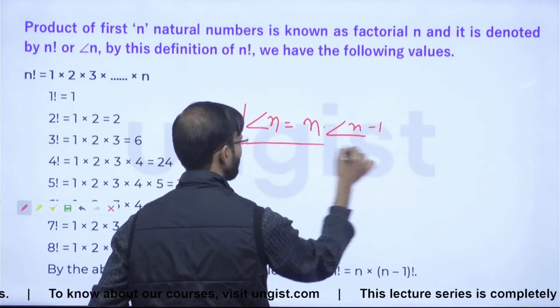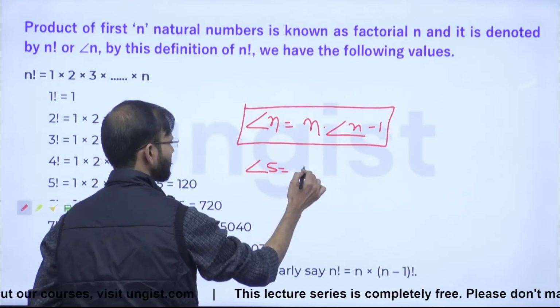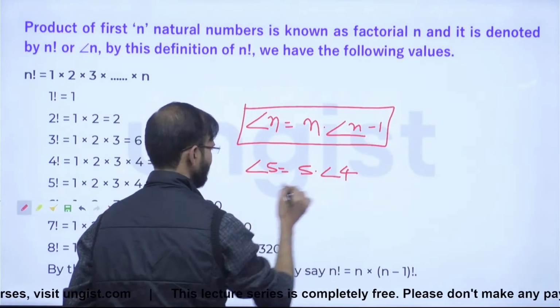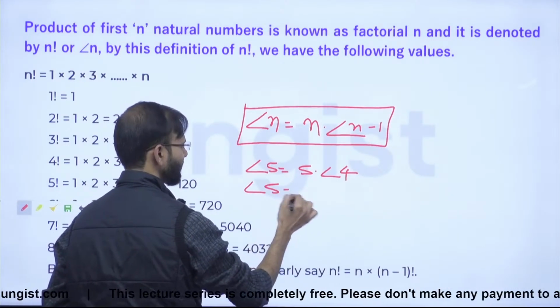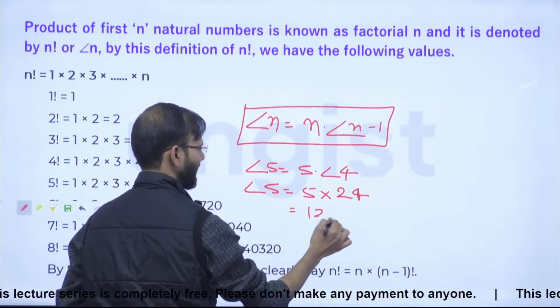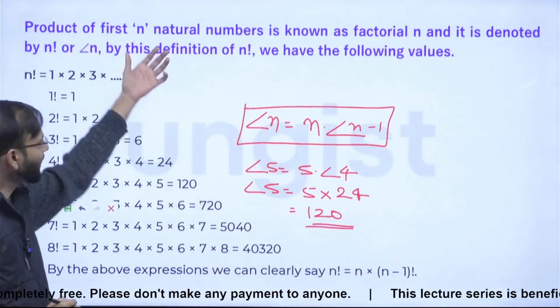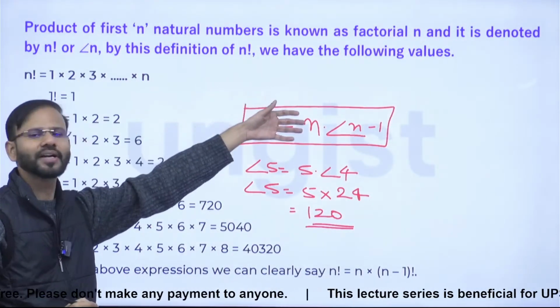Yes or no? Guys, for example, factorial 5 is 5 into 4 factorial, right? What we have done to find factorial 5 is 5 into 4 factorial, which is 24. So that's why we have found it as 120. Fine. So factorial n is equal to n into (n minus 1) factorial.